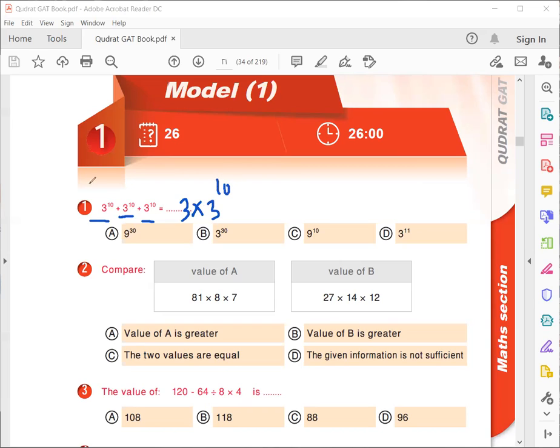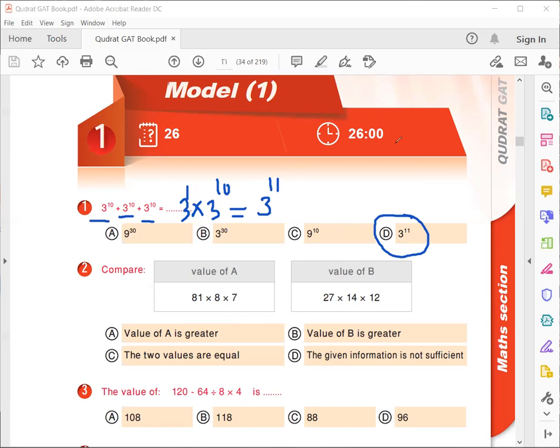Now we have multiplication here, so you add 1 plus 10, and it is 3 to the power 11. So the answer is what? It is D, right? Okay, do you understand these problems?